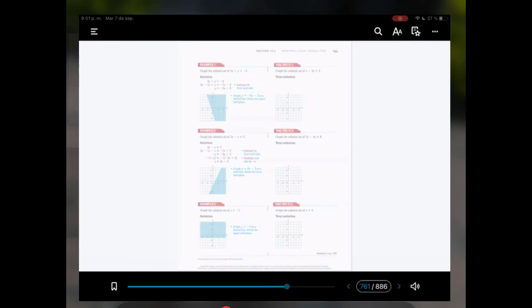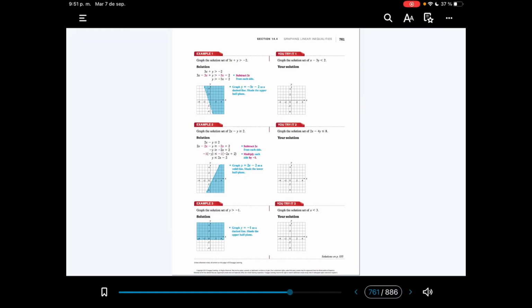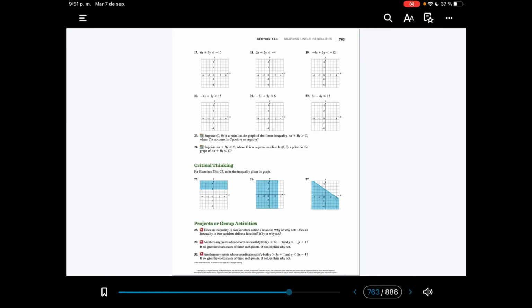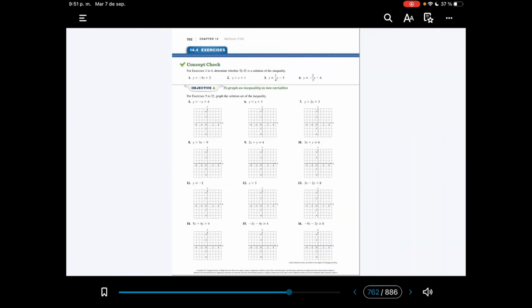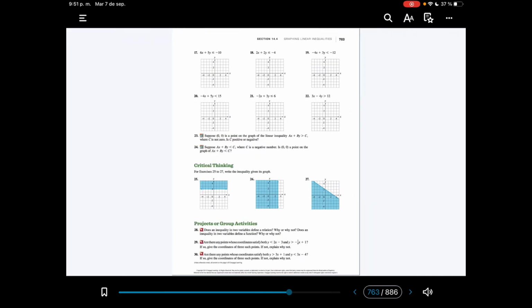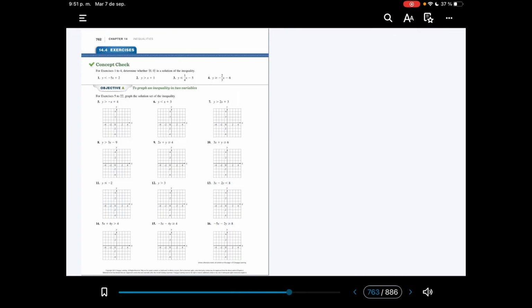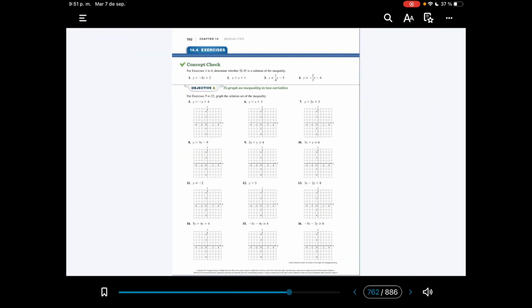So let me go to the book and let's look over here. Okay, these exercises over here are really good to practice all of what we've seen. So pages 762 and 763 are the best exercises to practice all of what we've seen.